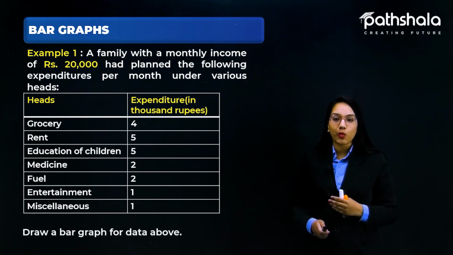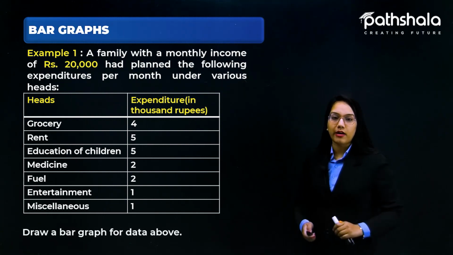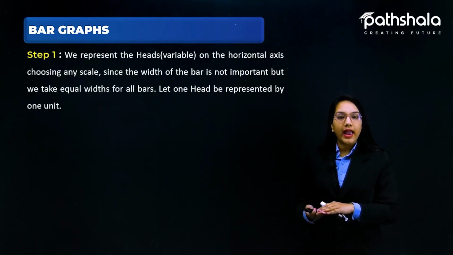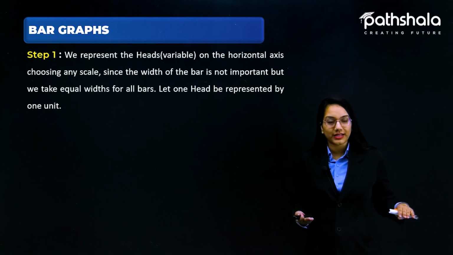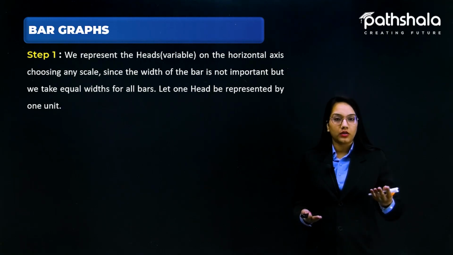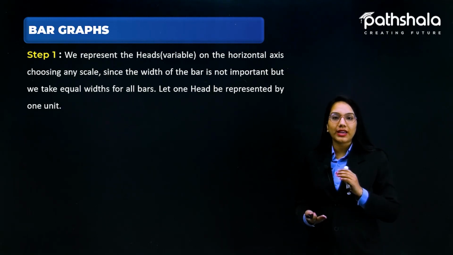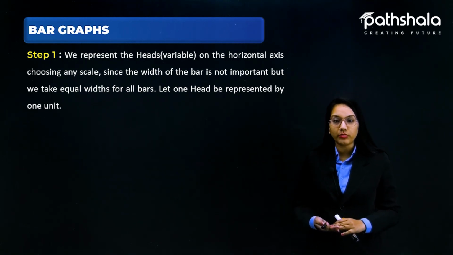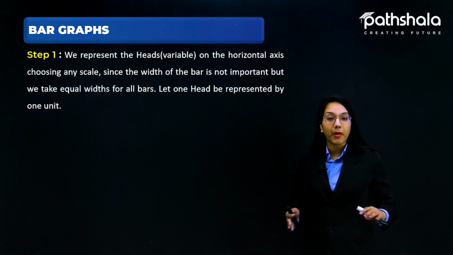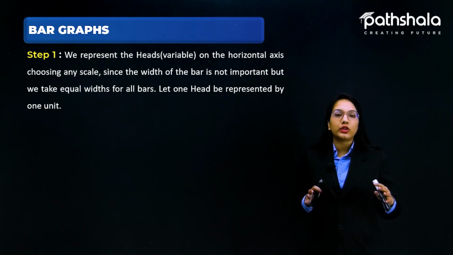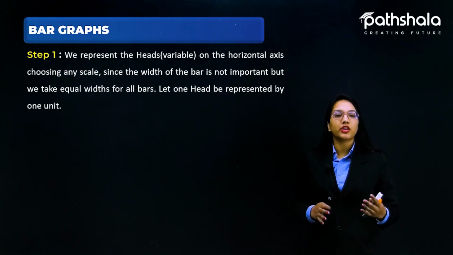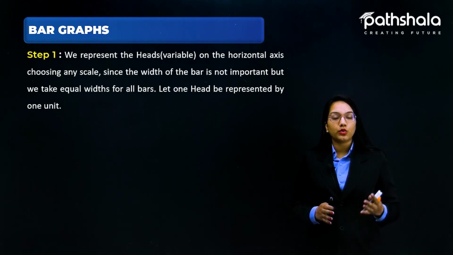Step number 1. The question is: draw a bar graph for the data above. Step 1 is to represent the heads, the variable, on the horizontal axis, as I have already said. Further, we can choose any scale, since the width of the bar is not important, but we take equal widths for all the bars, because that representation is easier to interpret.